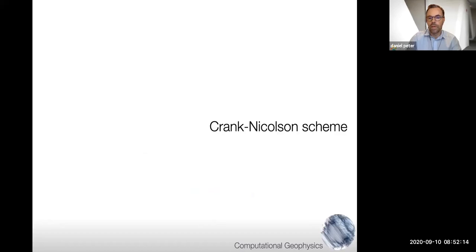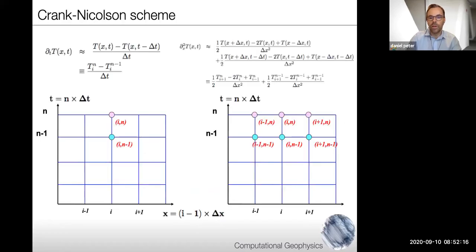And the Crank-Nicolson is a very popular scheme in finite differences, which gives you a particular combination. And here you see especially the central scheme is a bit different because you evaluate it at these half points, for example. So it's a particular finite difference scheme, which is very popular.